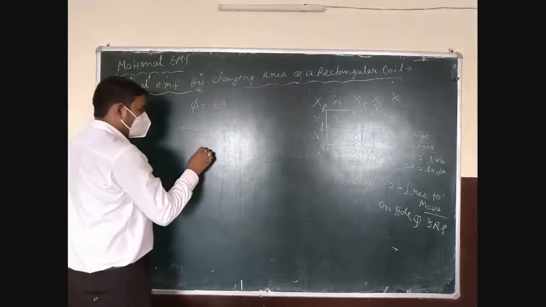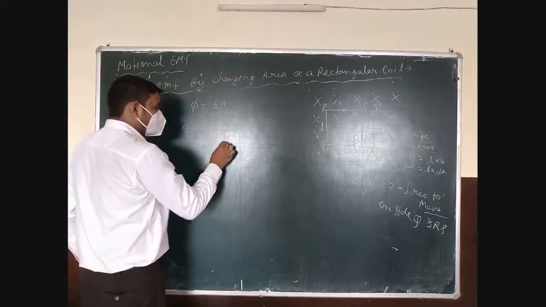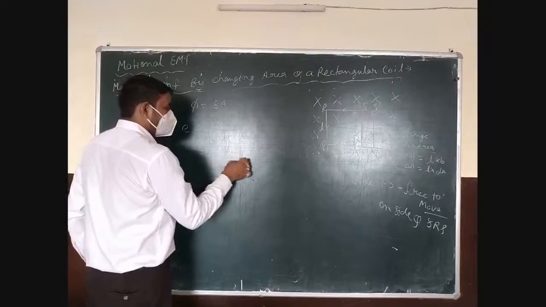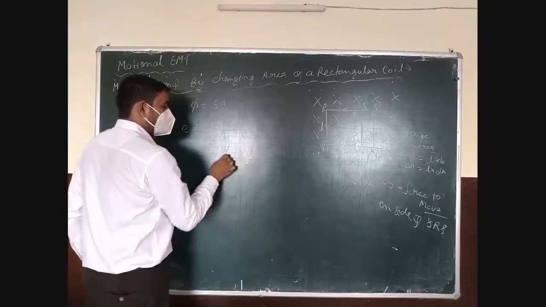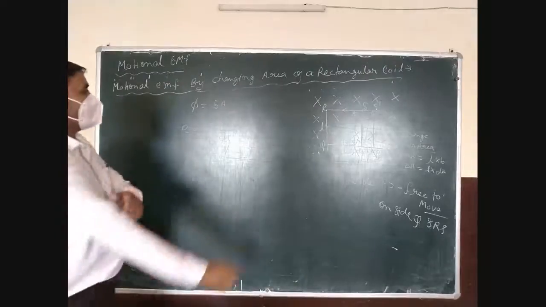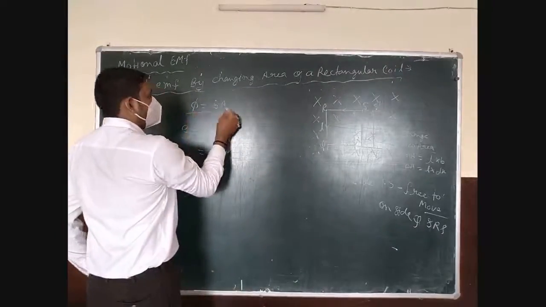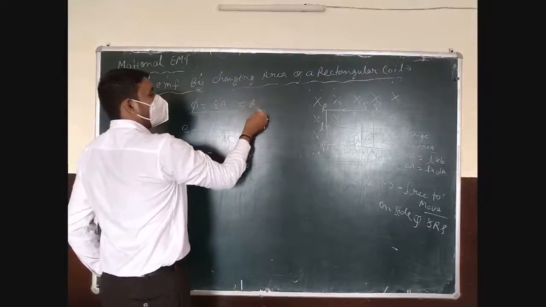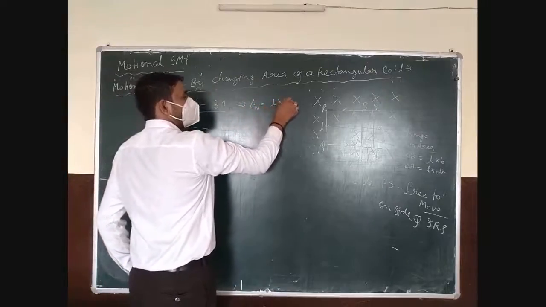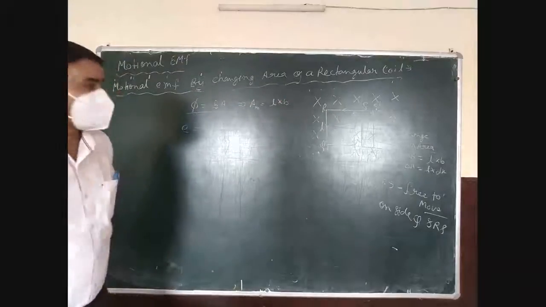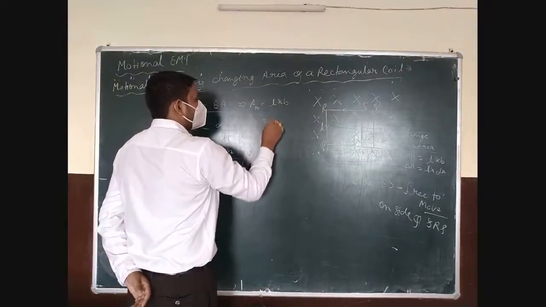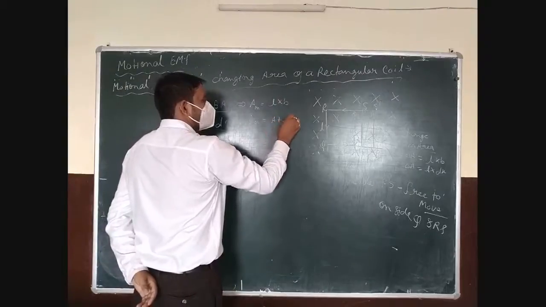Now here we can use phi2 minus phi1. For the flux, the initial area is equal to L into B, and the final area is A plus delta A.